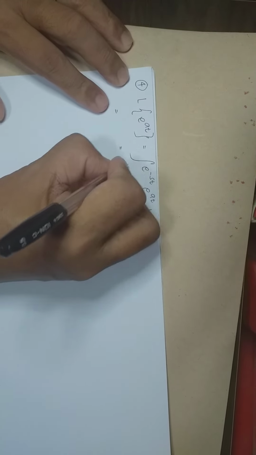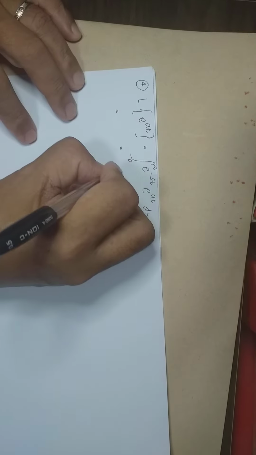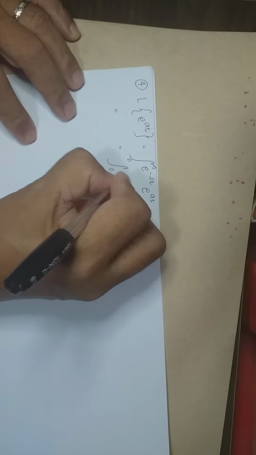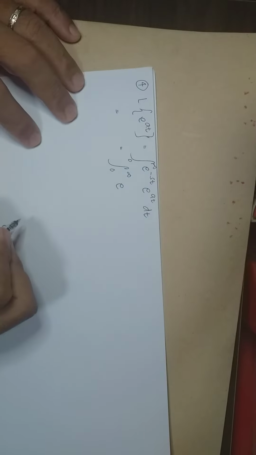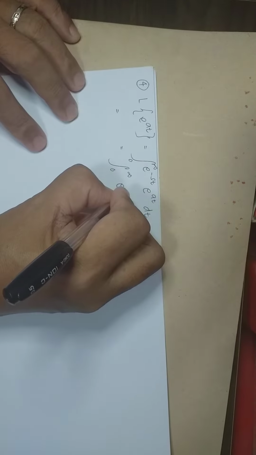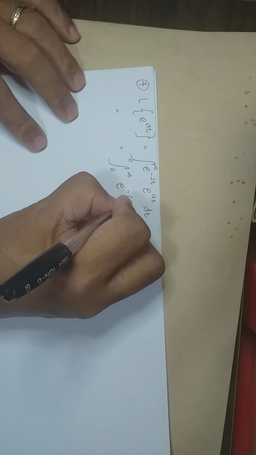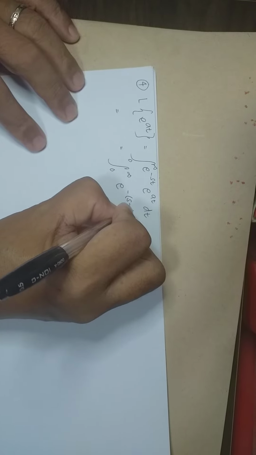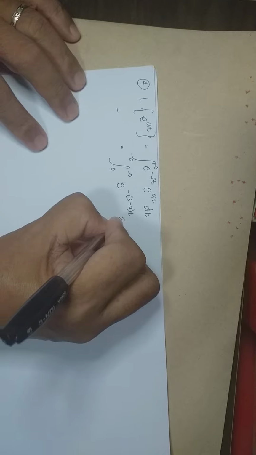Or we could have this as from 0 to infinity once again. Or we can have this as the integral from 0 to infinity of e raised to negative s minus a t dt.